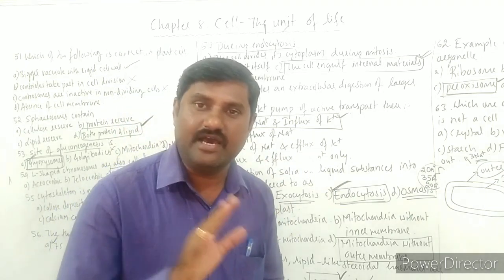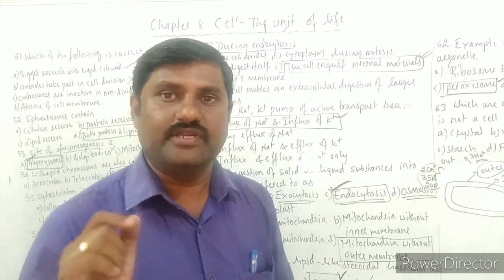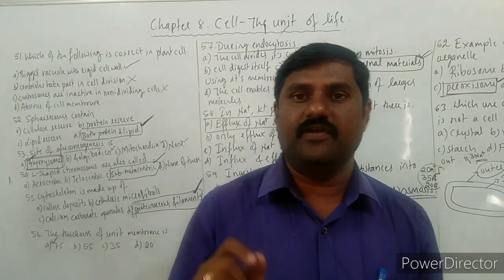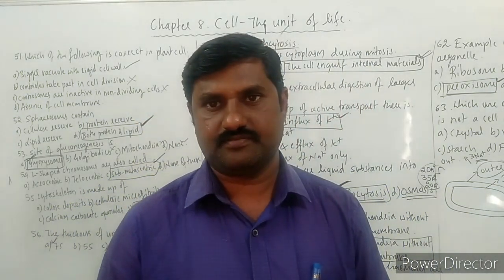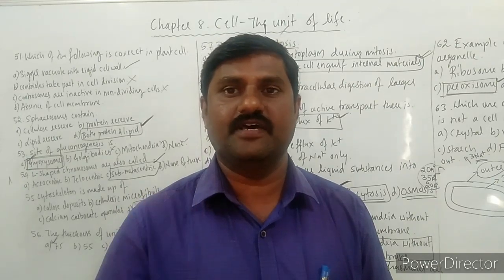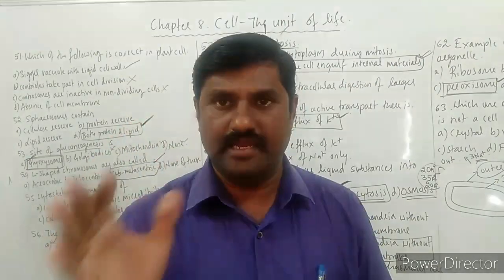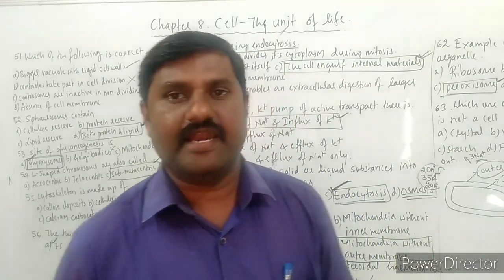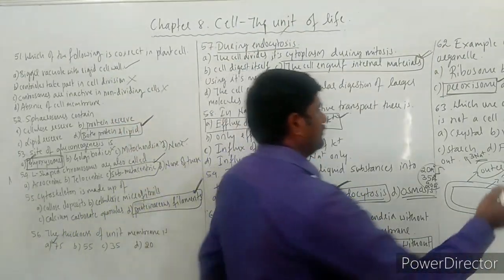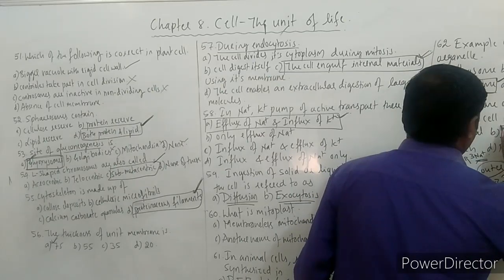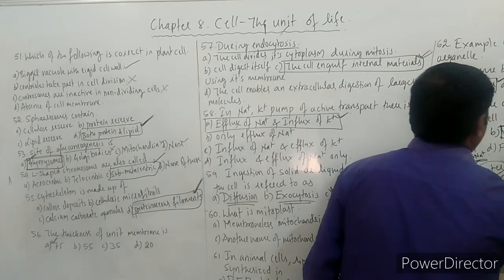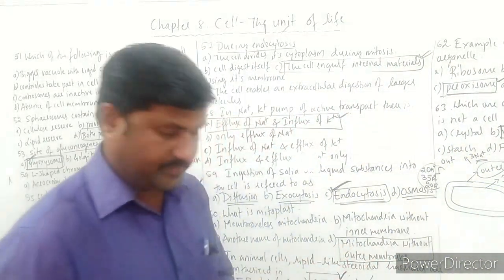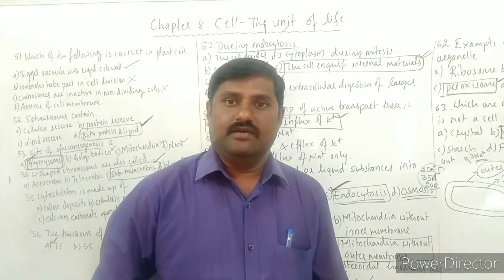Vacuole is not a cellular inclusion. Vacuole is one of the components of the endomembrane system. It is one of the cell organelles, right? So that is why the correct answer for this question is vacuole.